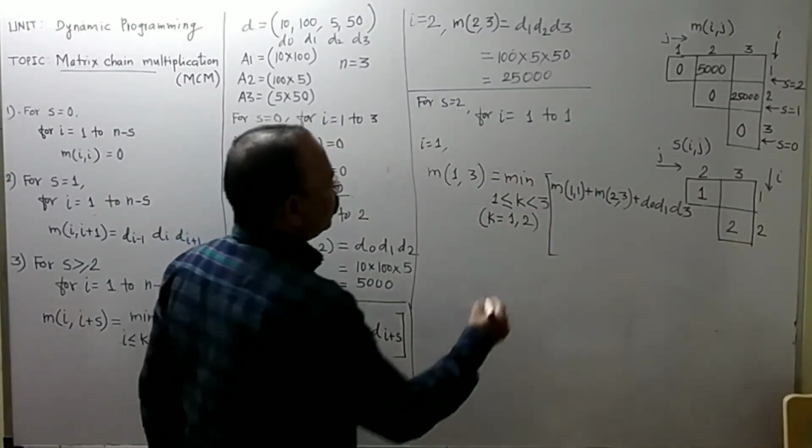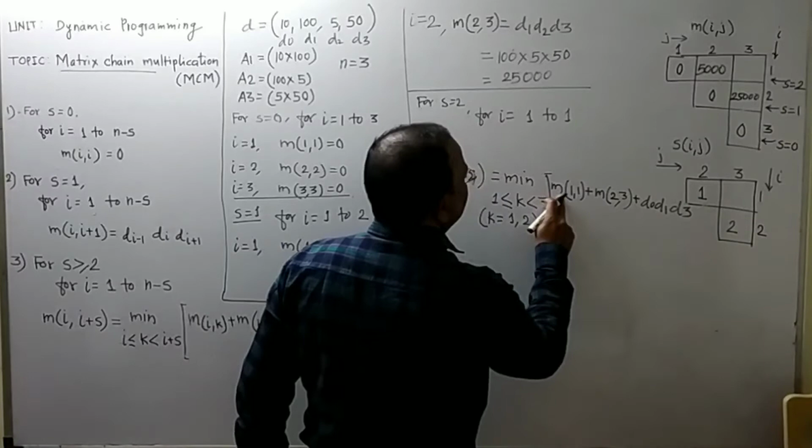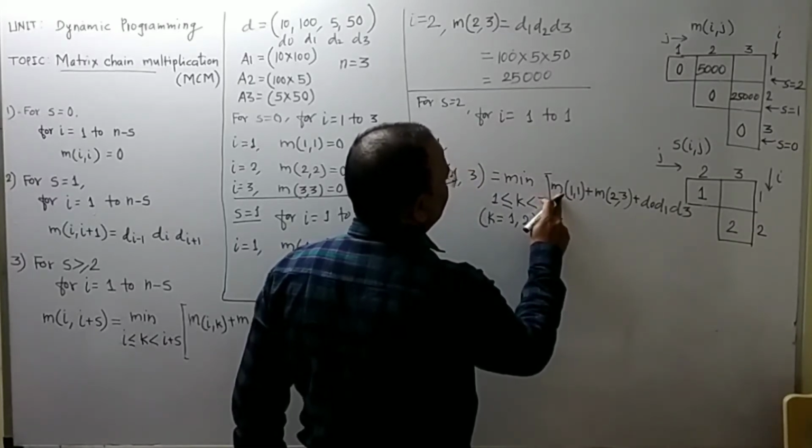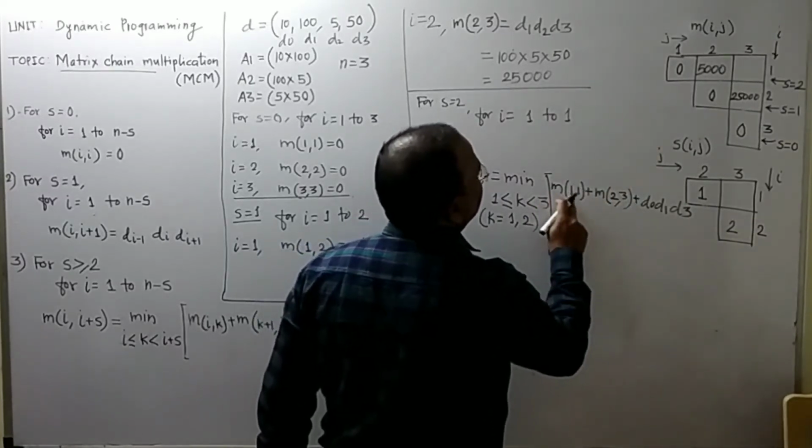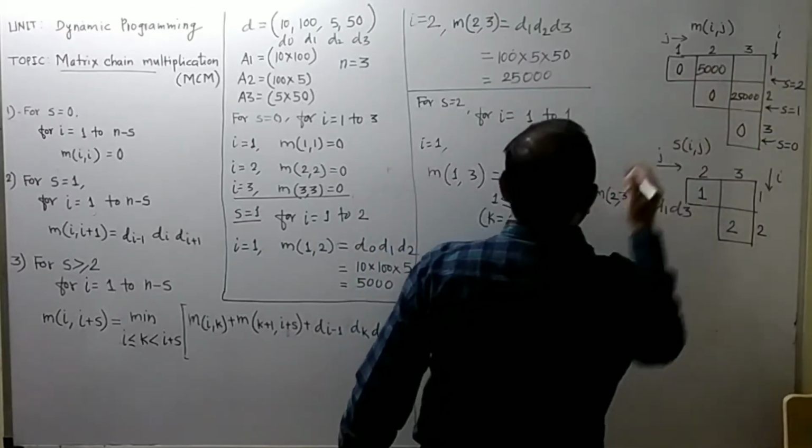So put the values. M11 you will get from the M table. M11 is 0.